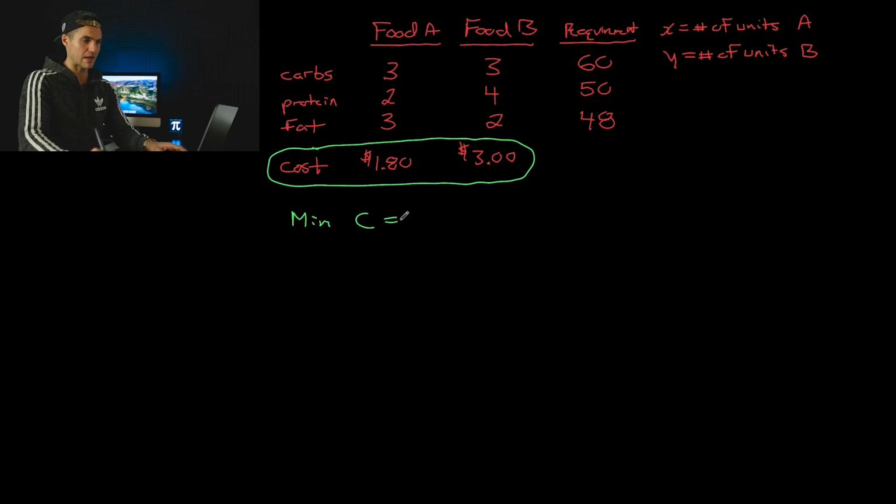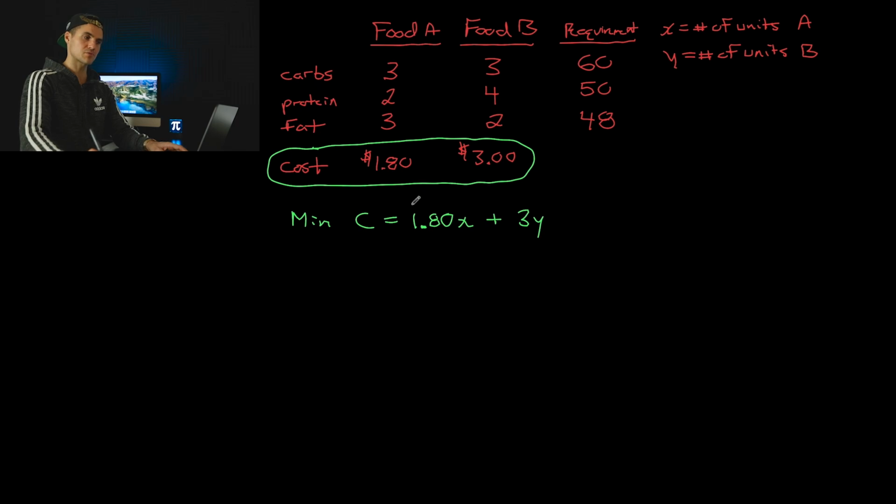Let's put that as a variable c. So we're trying to minimize cost, which is equal to, well, each unit of food A costs $1.80. So the total cost coming from food A is going to be $1.80 per unit times the number of units of A, which is x, plus 3y, like that.